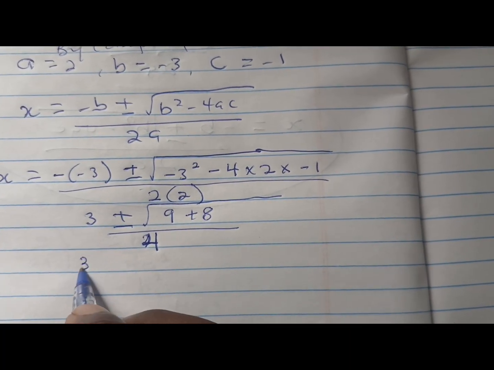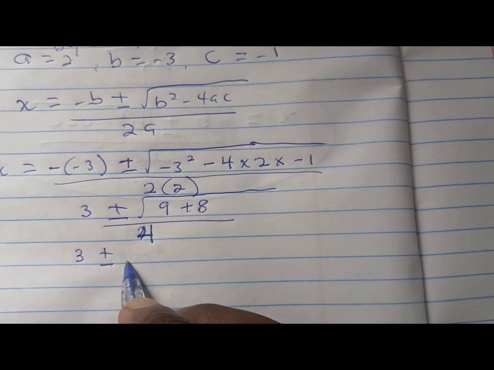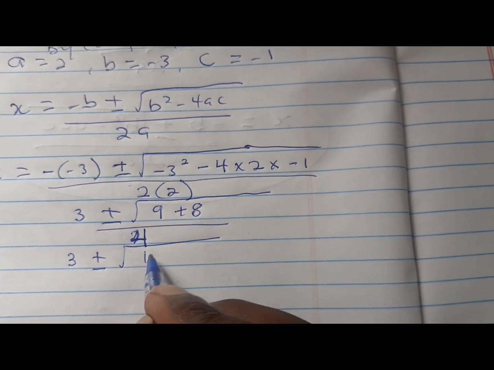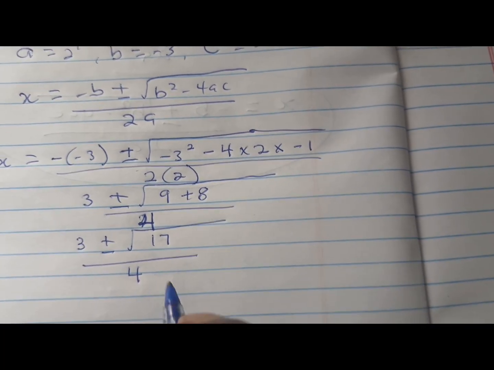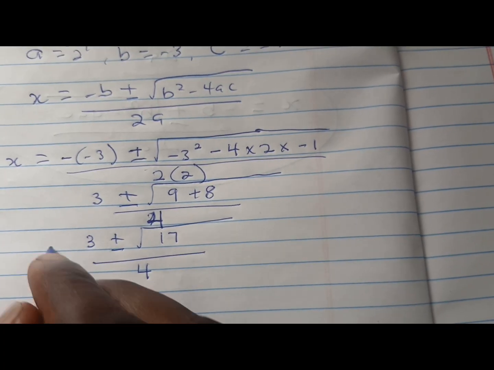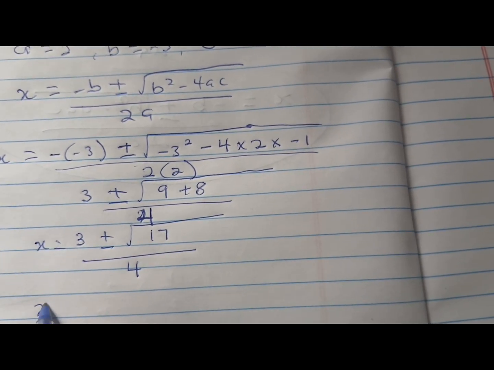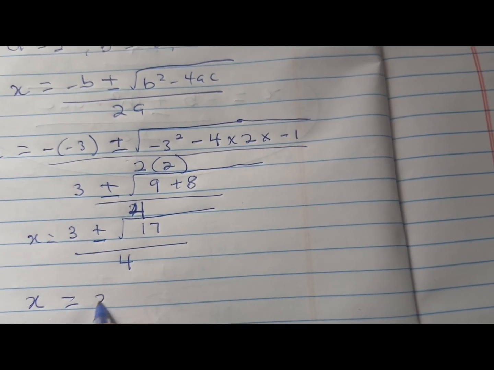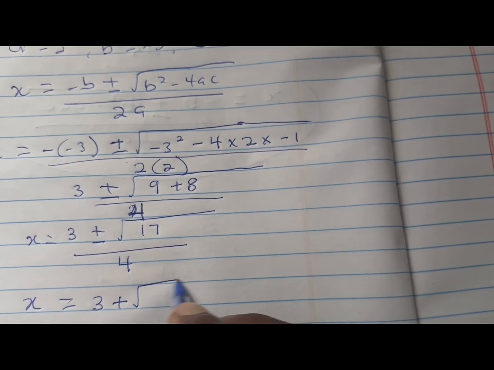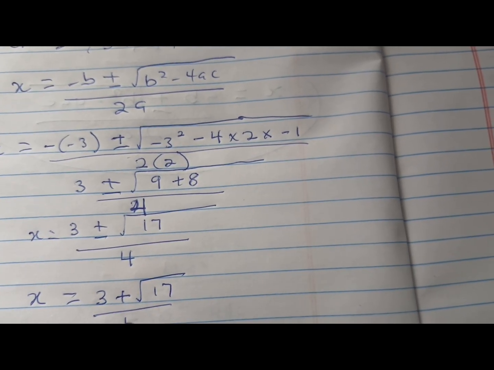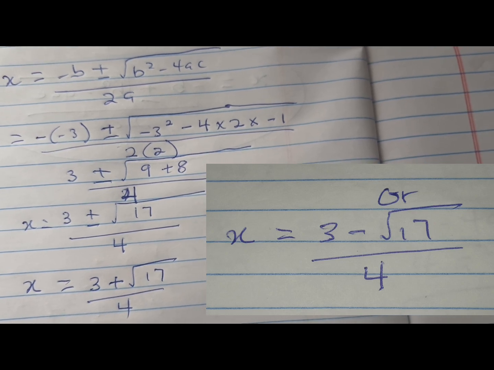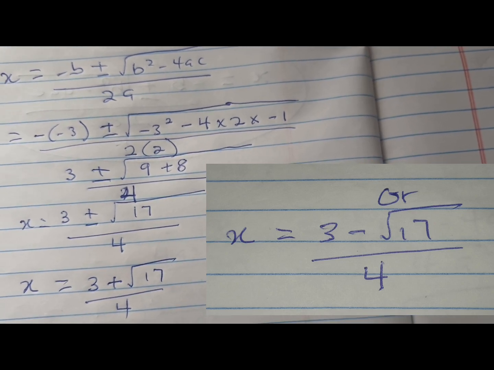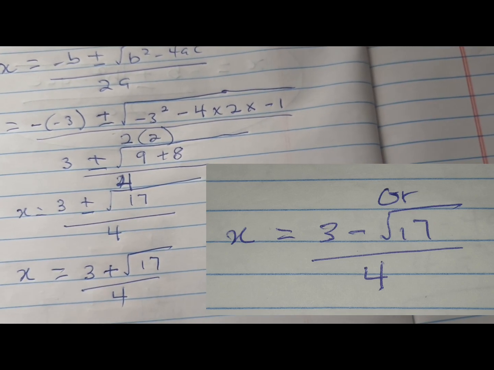So we are left with 3 plus or minus the square root of 9 plus 8 being 17, all over 4. Now this plus or minus, let's separate them. Let's deal with the plus aspect: x is equal to 3 plus the square root of 17 all over 4, or x is equal to 3 minus the root of 17 all over 4.